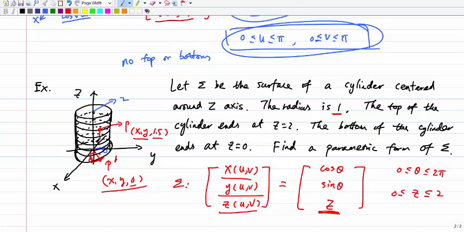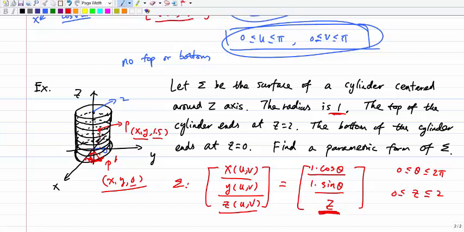If we know the theta angle over here, according to what I mentioned before, the x value will be the length here, which is always 1, radius 1, times cosine theta. The y is 1 times sine theta, and z is still z.